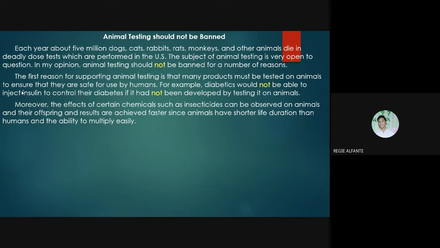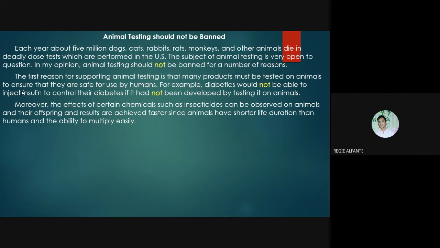So, we have here another example of an argumentative essay entitled Animal Testing Should Not Be Banned. Each year, about 5 million dogs, cats, rabbits, rats, monkeys, and other animals die in deadly dose tests which are performed in the US.